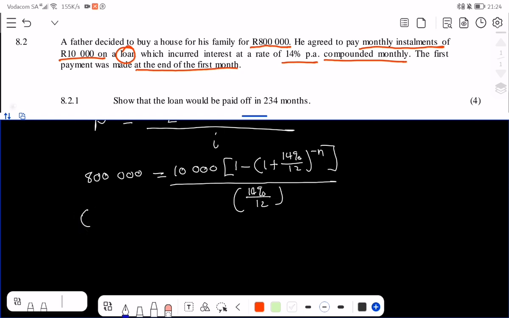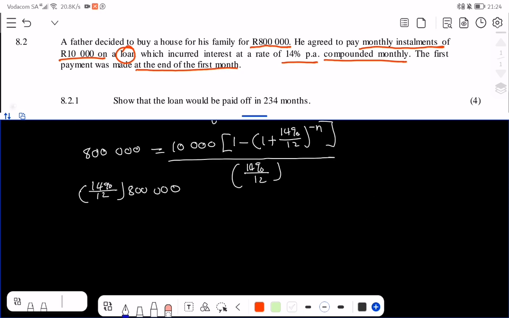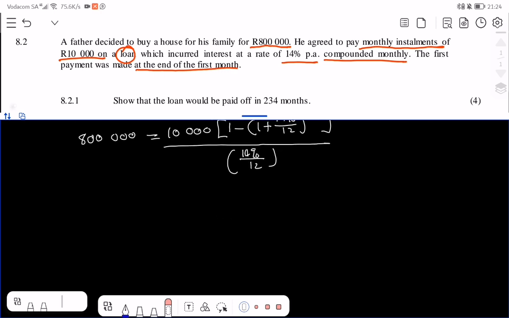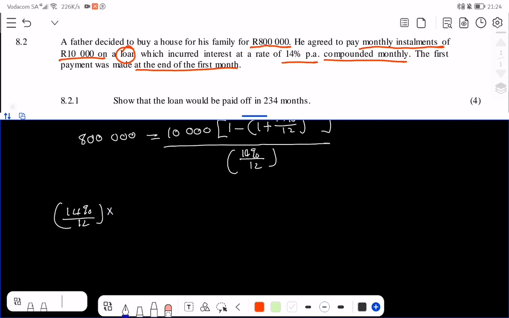So I'm going to say 14% divided by 12 times this 800,000. I'm going to multiply throughout.